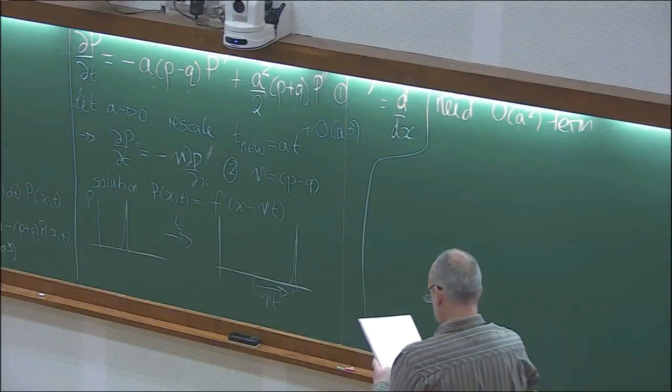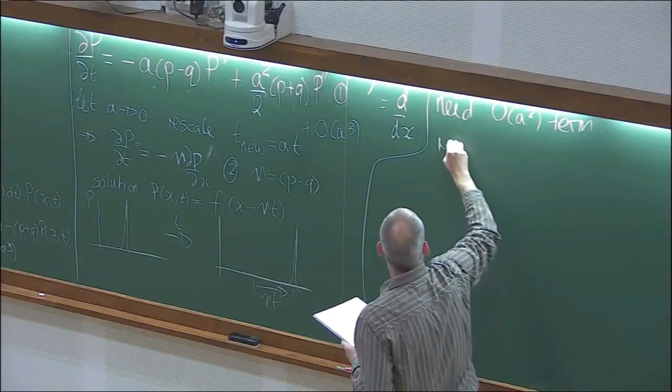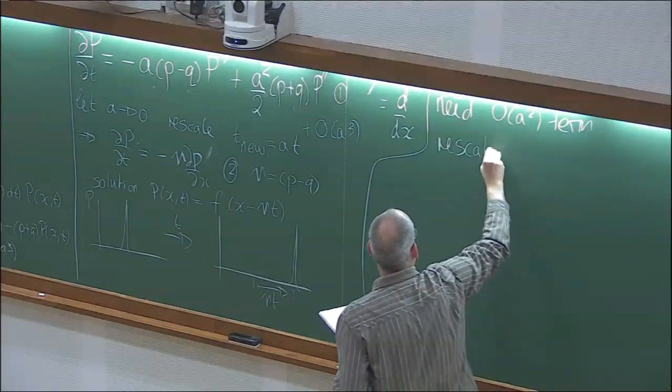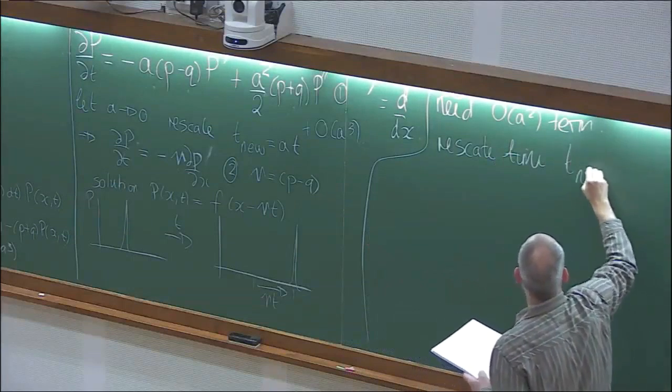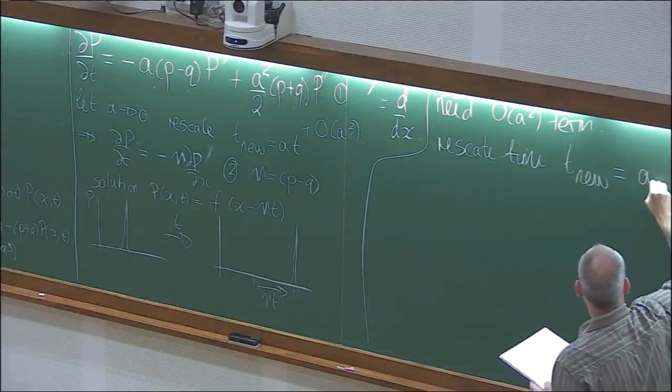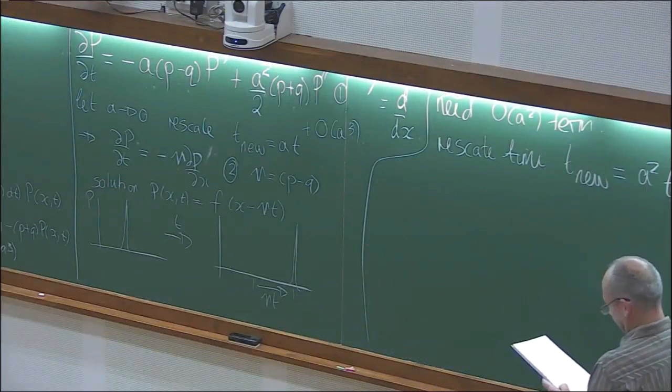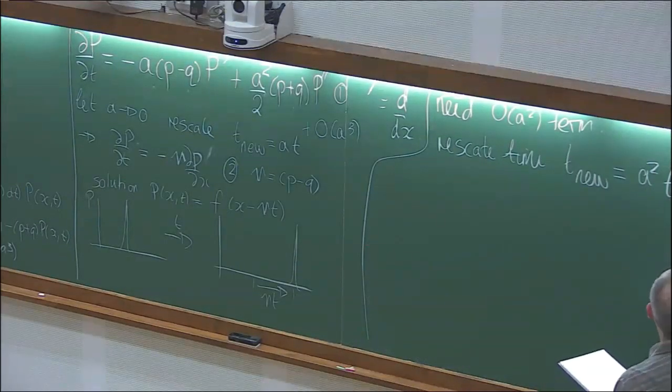So I want to now rescale time so that the new time is now a squared times the old time. What this means is that d by dt becomes a squared d by the new time. And I'll drop the label new time.